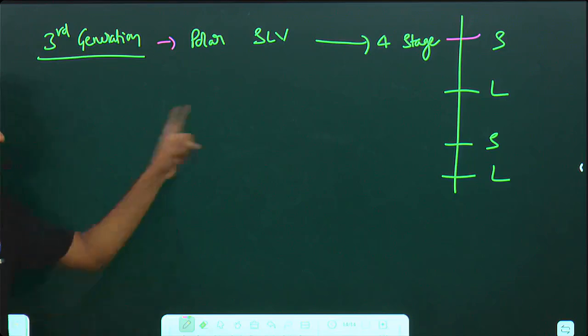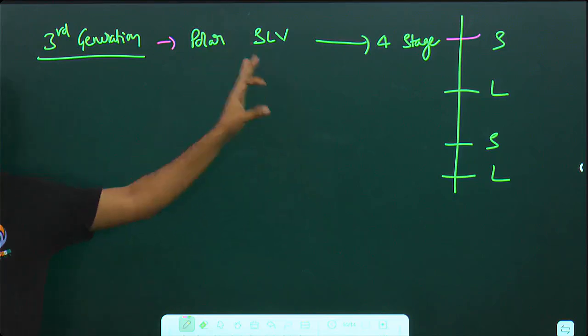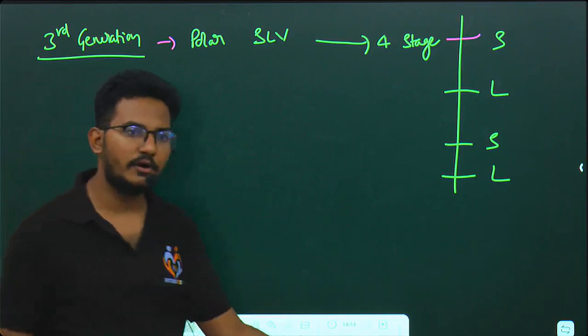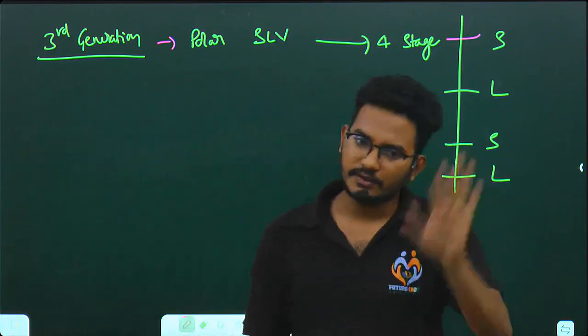Why did we come to 4 stages? Again, we want to decrease the weight of the launching vehicle. Obviously, in the next generation we want to decrease the weight furthermore.